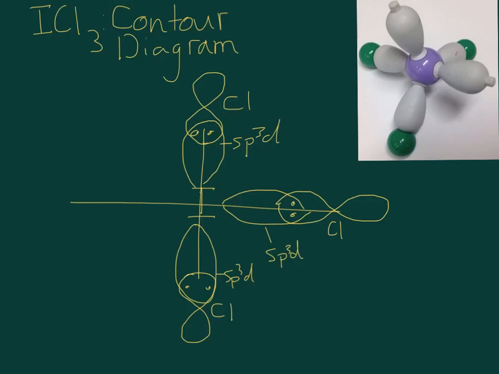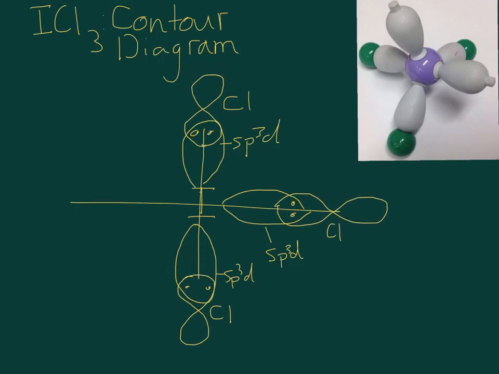Now to include our lone pair electrons, which are also sp3d. Here we go. And there.